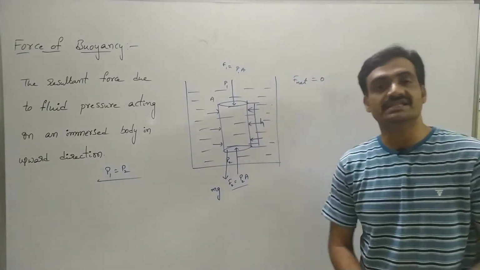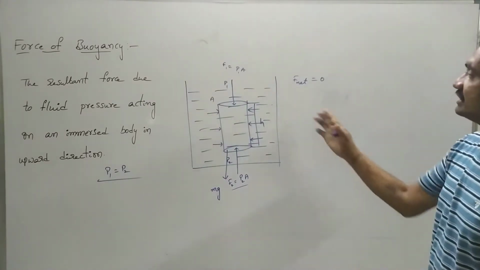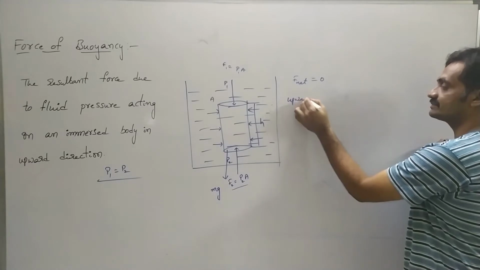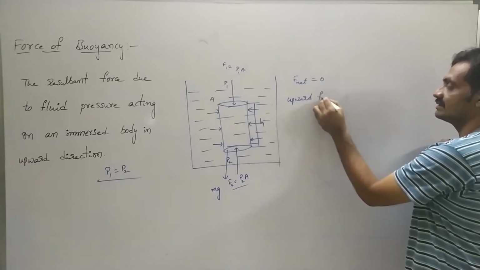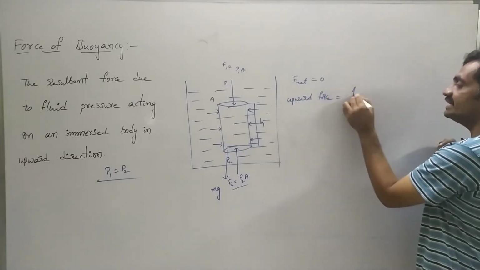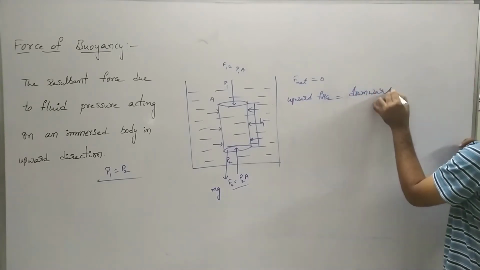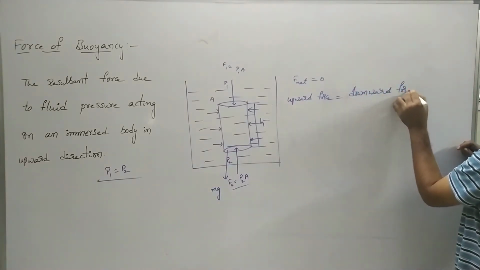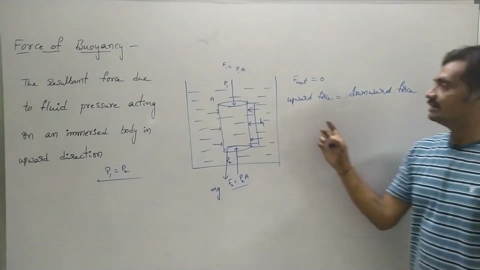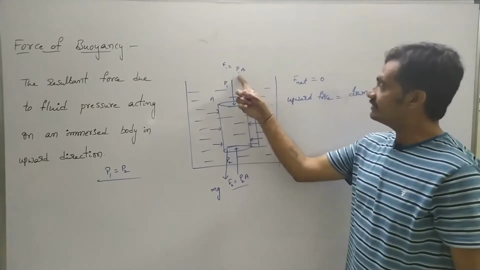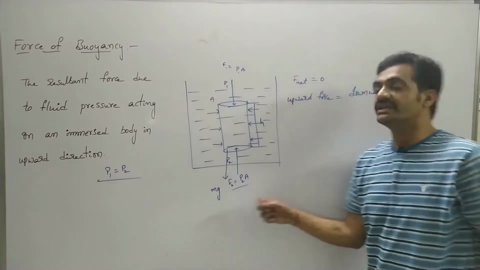Why? Because the body is at rest. Based on this, now we are going to represent upward force equals downward force. Here the upward force is F2 and the downward force is F1 as well as the weight mg.